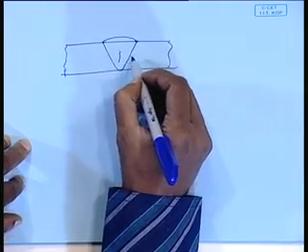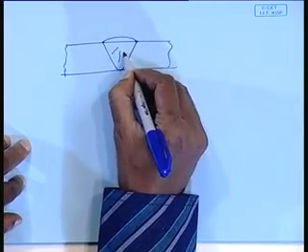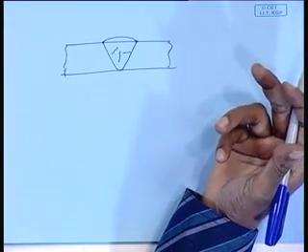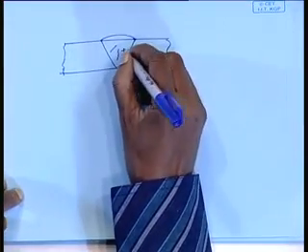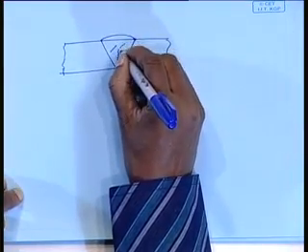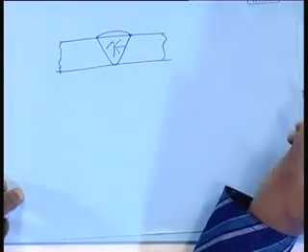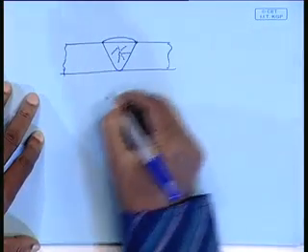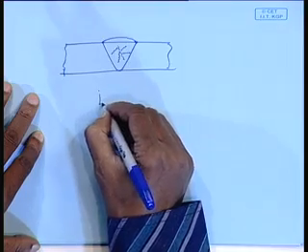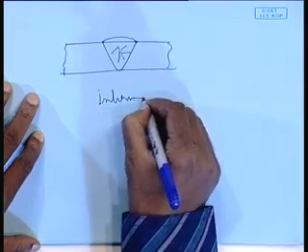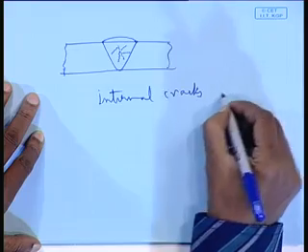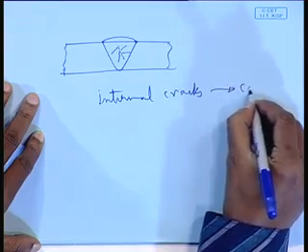The crack can be vertically downwards, oblique, horizontal, anything, or it can even be in several directions, like this. These internal cracks are generally referred to as cold cracks.